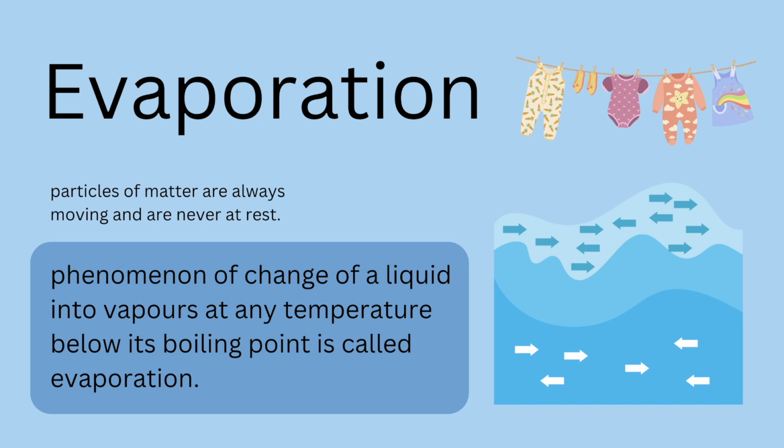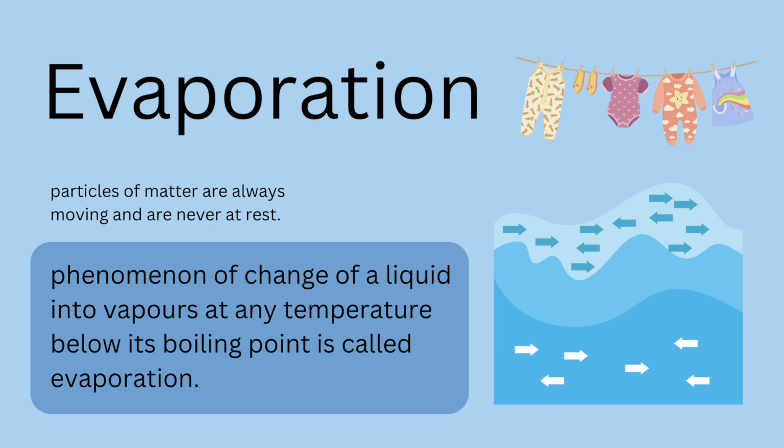Boiling point is where a bulk of water molecules become water vapor. That we have already learnt. Now even below the boiling point, some of these molecules, because they have high kinetic energy, get vaporized, they get converted into water vapor, and that is what we call evaporation.